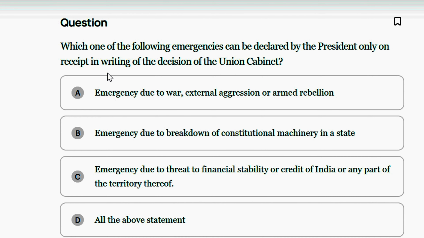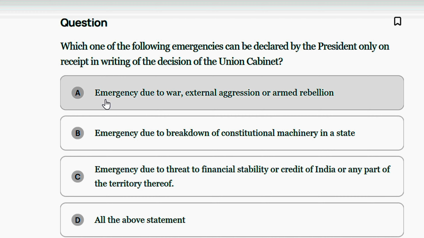Which one of the following emergencies can be declared by the President only on receipt in writing of the decision of the Union Cabinet? Answer is this one.